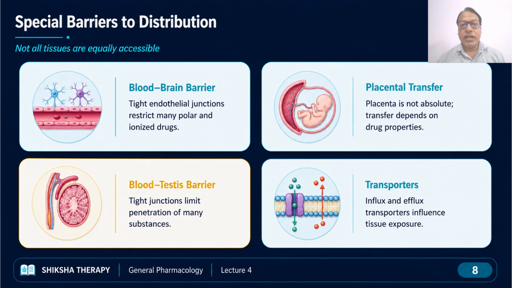The placenta can also influence drug transfer, but remember, the placenta is not an absolute barrier. Drug transfer across the placenta depends on the physicochemical properties of the drug. In addition, influx and efflux transporters can significantly influence drug exposure in different tissues.